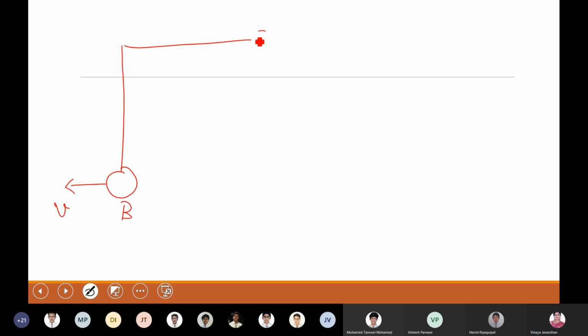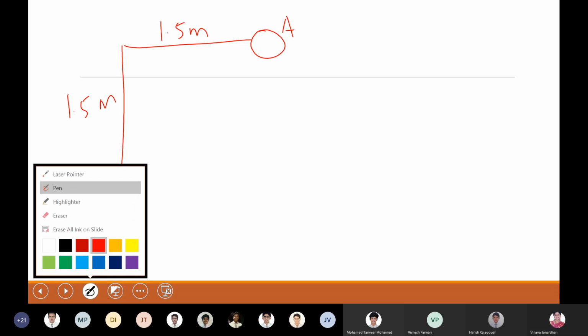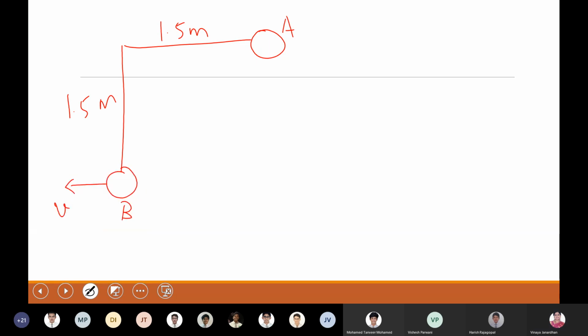Initially the pendulum was at this position A. The length of the pendulum is 1.5 meters. This level is taken to be the ground level, say from the center of the ball. This will be your reference level.